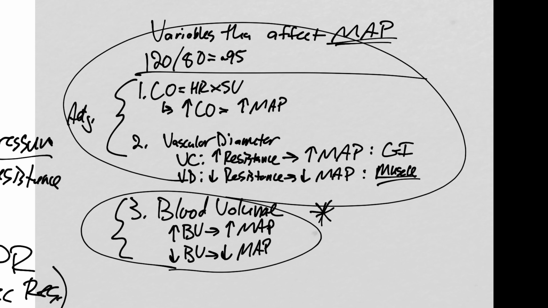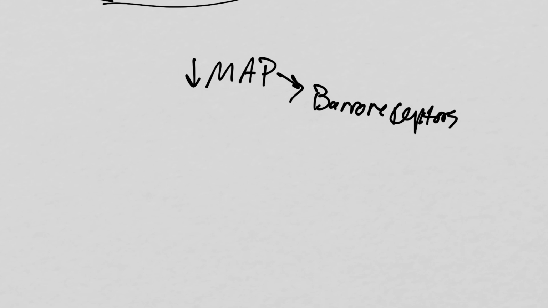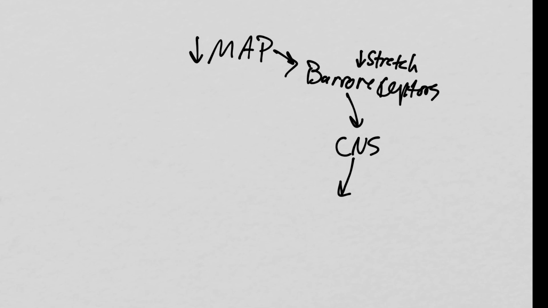So you end up getting this feedback loop where if your mean arterial pressure goes down, right, that is sensed by pressure receptors called baroreceptors, right? They live in your aortic arch and your carotid sinus, so in your major arteries. You'll have a decreased stretch of those baroreceptors. They're just pressure sensors in the wall of the artery that can tell how high the pressure is. And that signal gets sent to the CNS, and your brain says, oh, our pressure is too low.